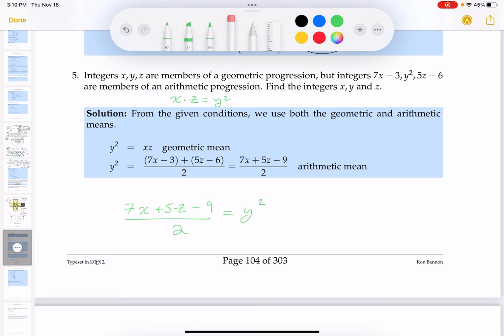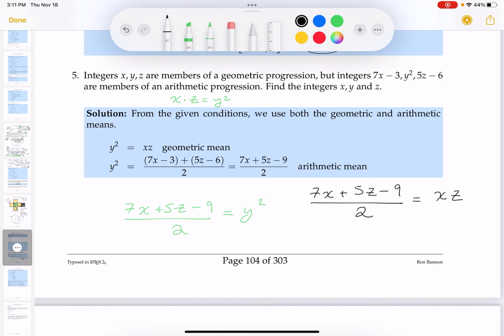So I'm going to write down 7x plus 5z minus 9 over 2 is equal to y squared, and y squared is just xz.